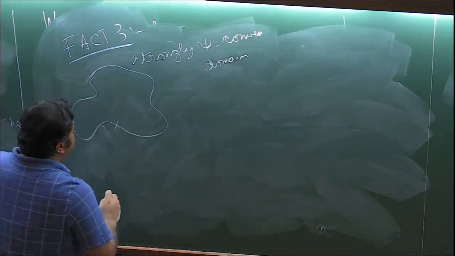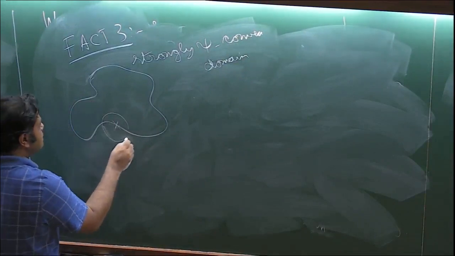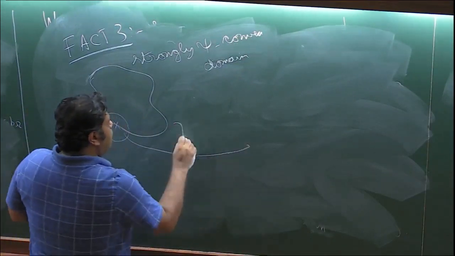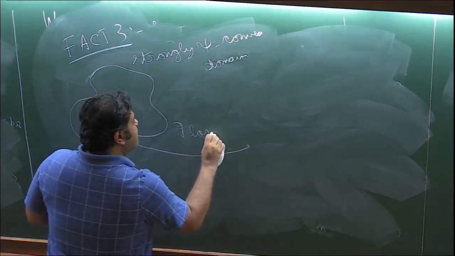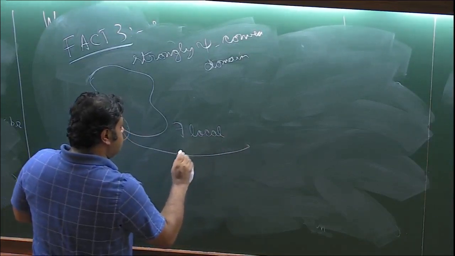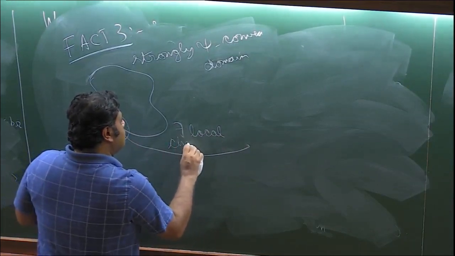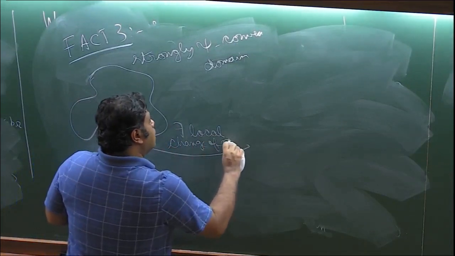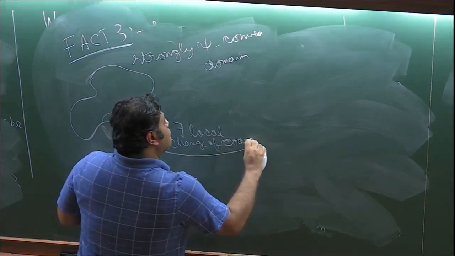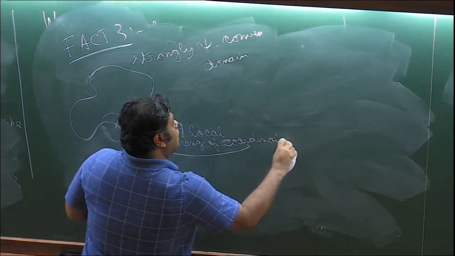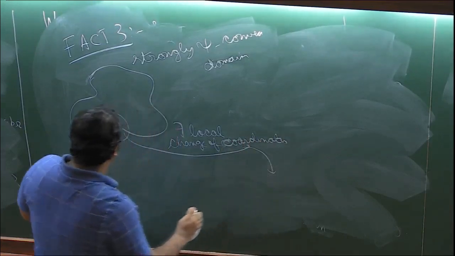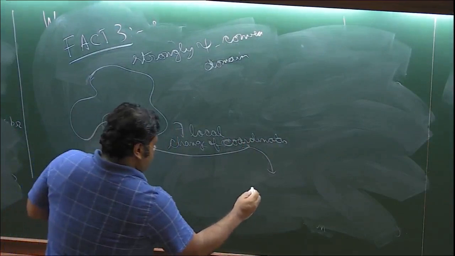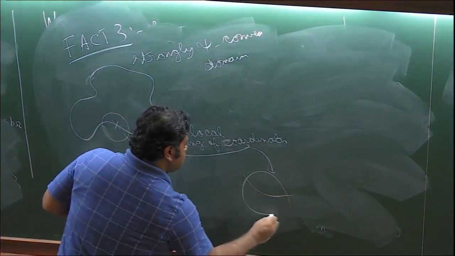Then at each point of the boundary, there exists a local biholomorphic change of coordinates, such that after you do that, you are going to get something like this.